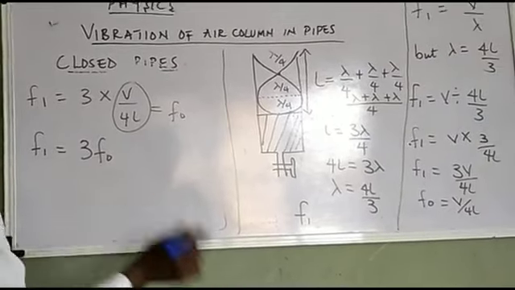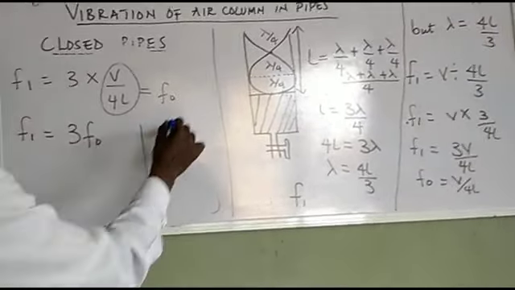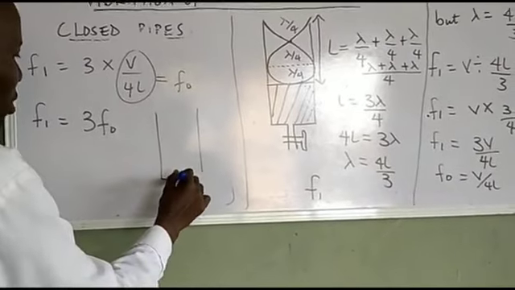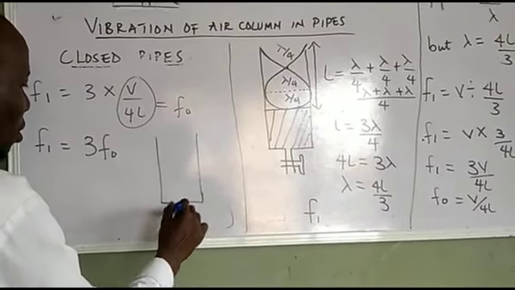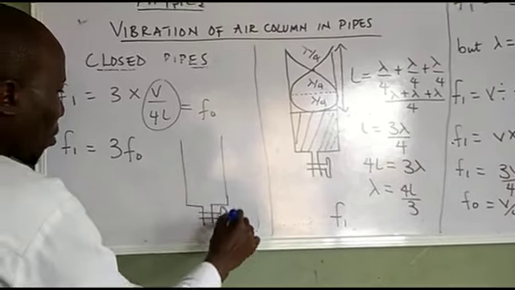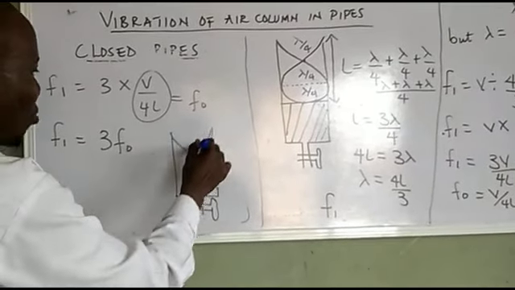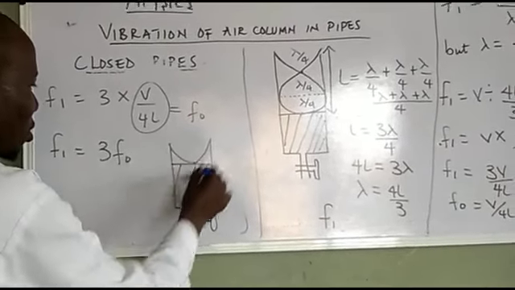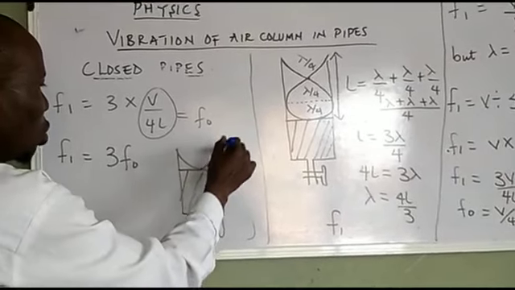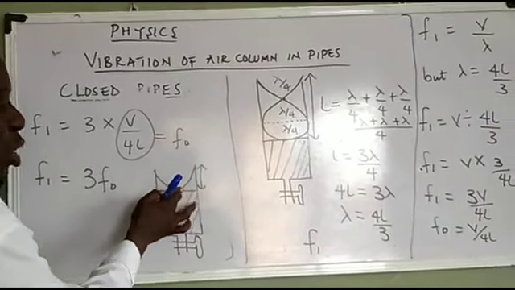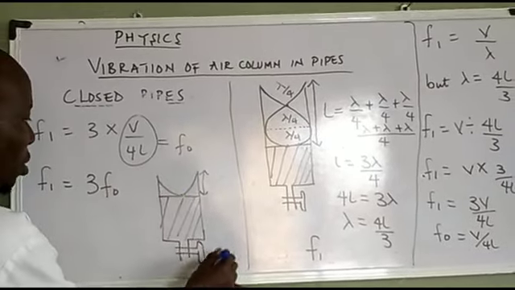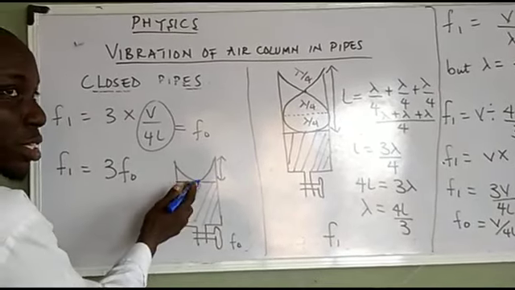Yes. And in the real sense of it, this is how our F1 looked like. See. Our F1 is like this. F naught, sorry. Our F naught looks like this.